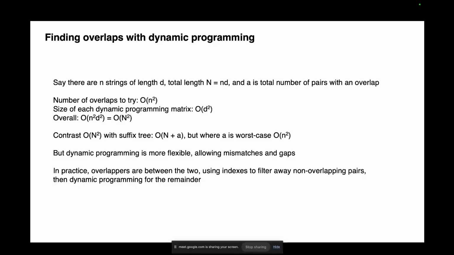Generally, if you do it by greedy algorithms or brute force, the number of overlaps would be around O(n) square, and the size of each dynamic programming matrix would be around O(d) square. So overall it will be very high, right? But if you do it with a suffix tree, it becomes linear. So the time scales down by a lot.